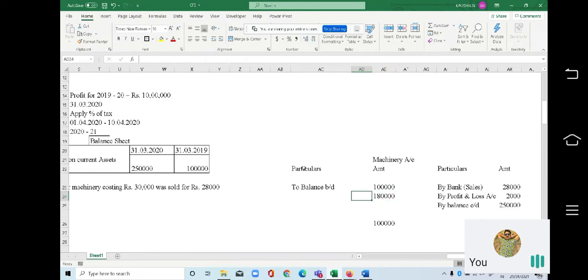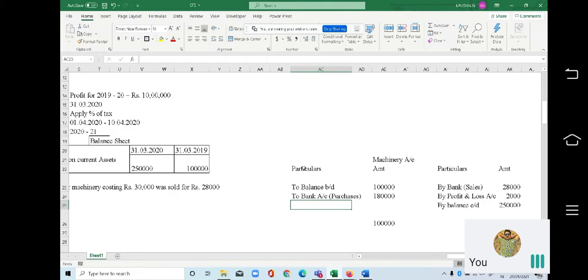So this 1,80,000 should not be mentioned as closing balance. This denotes that during the year we have purchased some additional machinery to the extent of rupees 1,80,000. So you have to mark this as to bank account, and inside the bracket mention it as purchases.